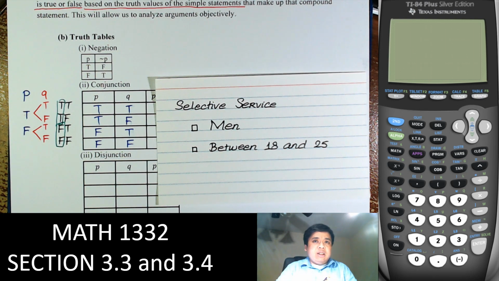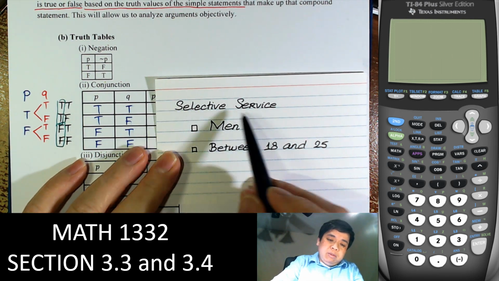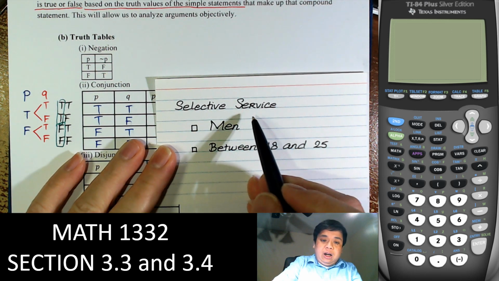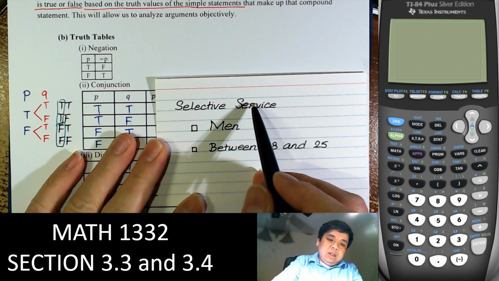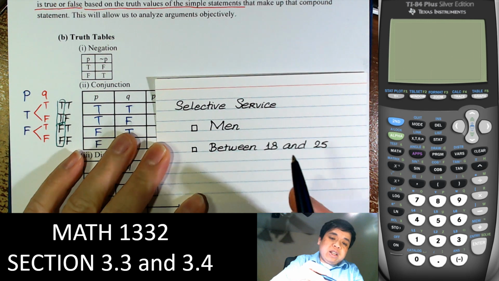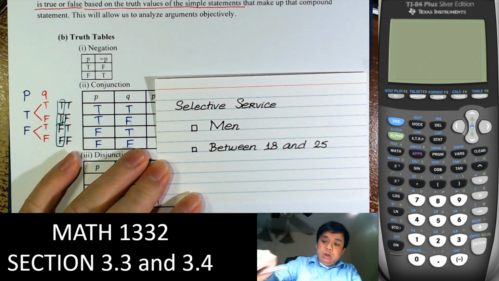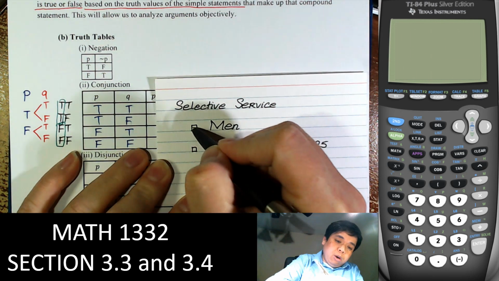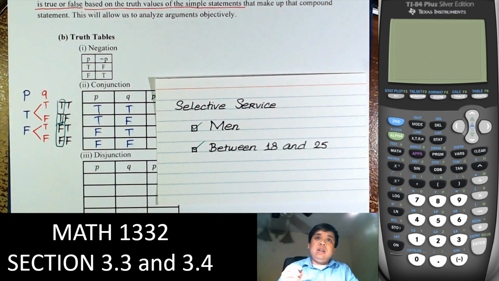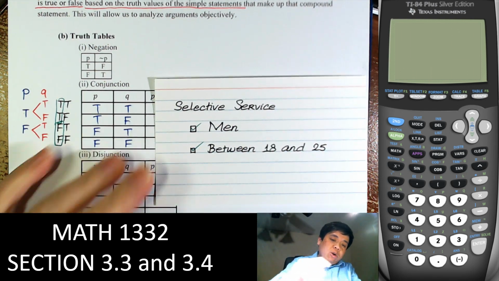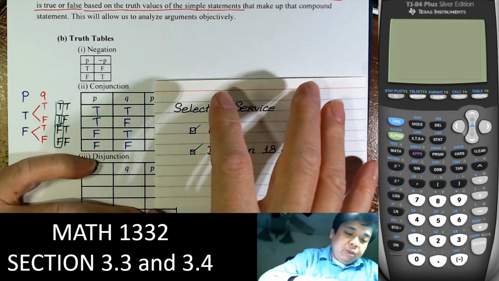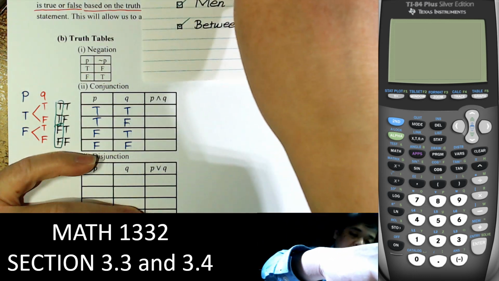Selective service requires both of them, so only if you are a man and between 18 and 25 can you apply. So in this case, both of them have to be checked, and then if both are checked, we can go to the selective service. So in that case, the conjunction.